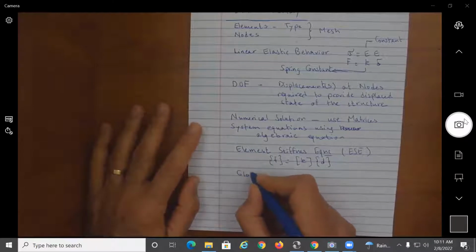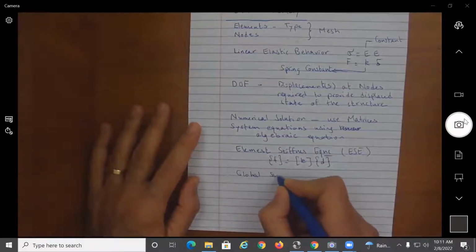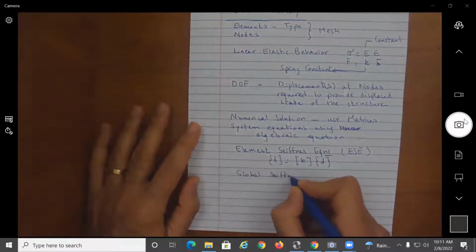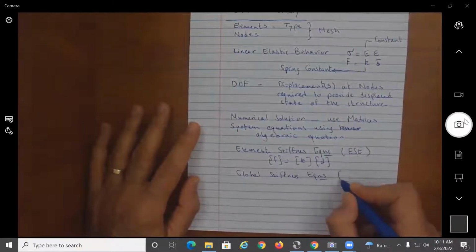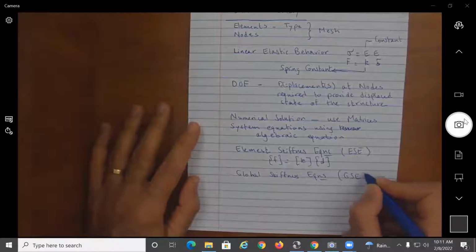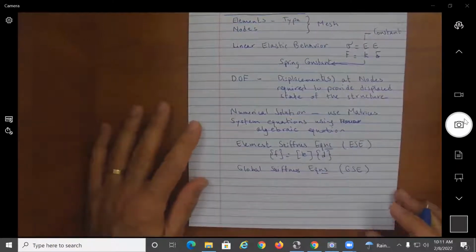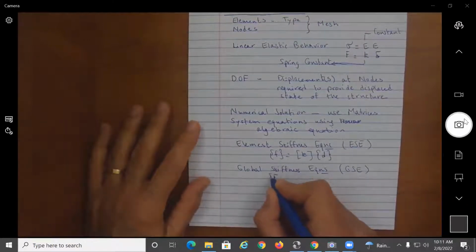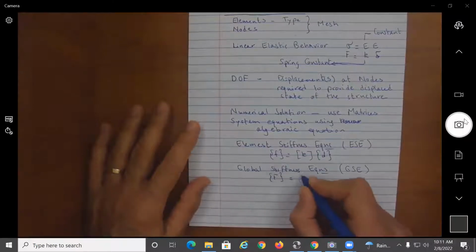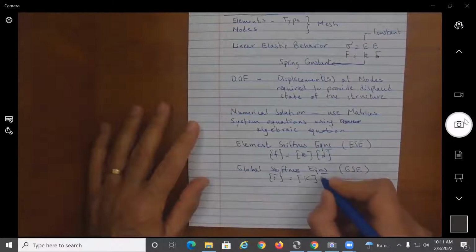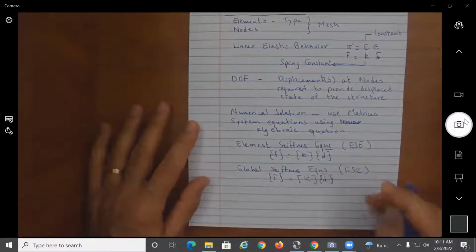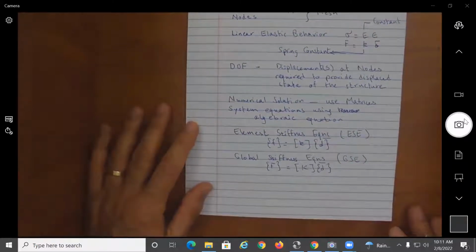There are also global stiffness equations, GSE, for the entire system, that I can express using an uppercase F column matrix equal to stiffness matrix K multiplied by D, the displacement column matrix.